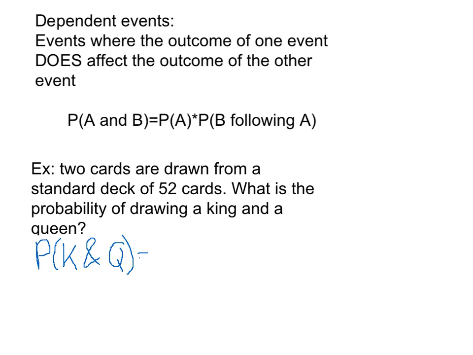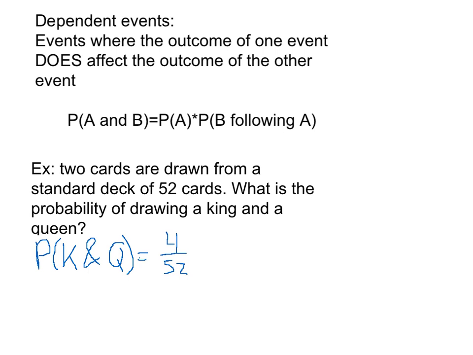Now my formula says that I'm just going to take the probability of getting a king as it already is. So the probability of getting a king is 4 out of 52. There are 52 total cards I could get. 4 of them are kings. The king of hearts, diamonds, spades, and clubs.